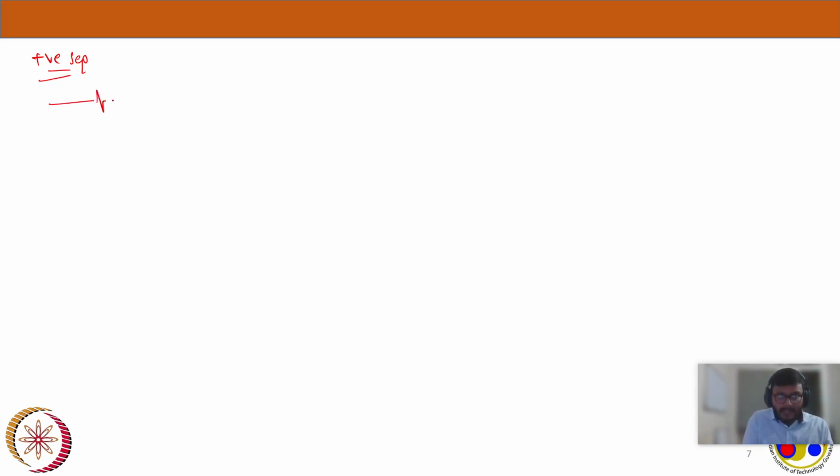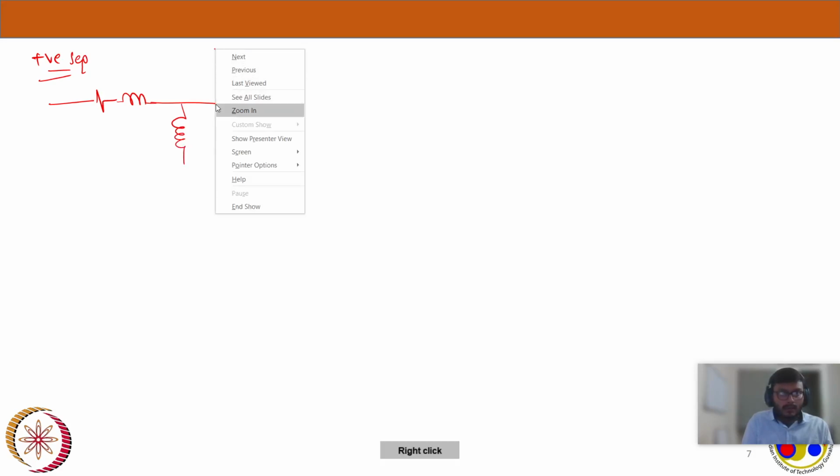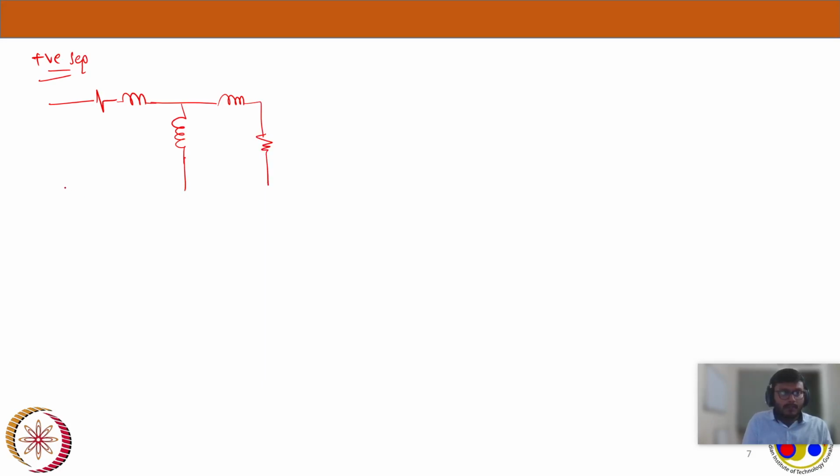We will have a resistance as in the stator, the same one, R1, X1, and here we will have the magnetizing branch, and similarly we will have X2 dash and R2 dash by S. So this is R1 and X1 and JXM, and it is X2 dash, and this is R2 dash by S. S is the slip here. Since my slip in the positive sequence is S, I have noted it down as S.